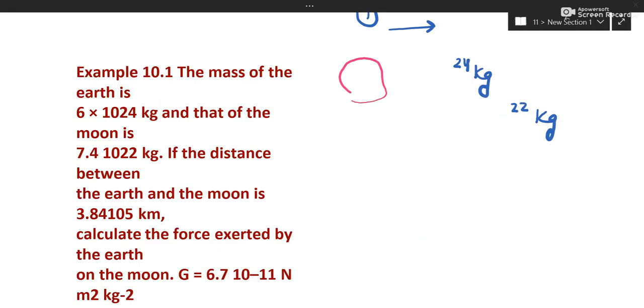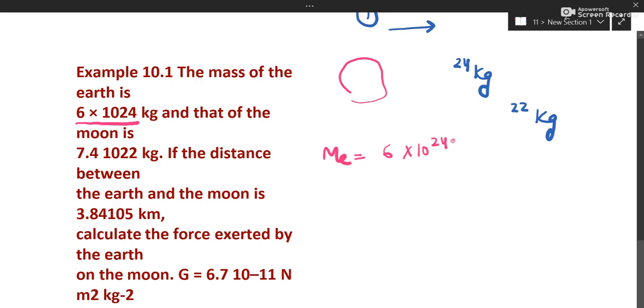Coming to the numerical now. In this numerical, mass of Earth is given. Let us note down mass of Earth as 6 into 10 to the power 24 kg. Then mass of Moon is given, which is 7.4 into 10 to the power 22 kg.